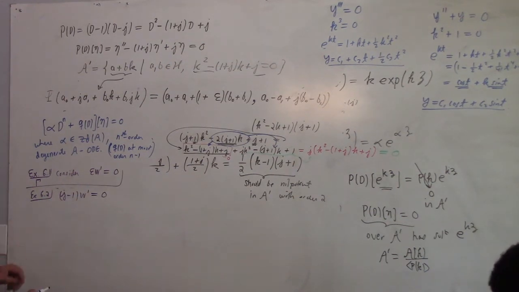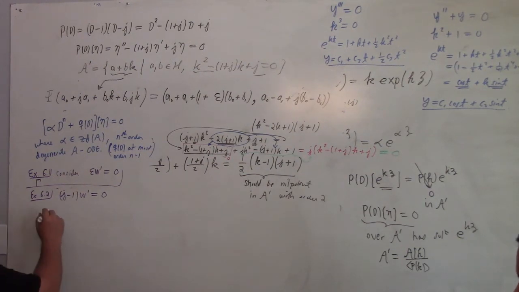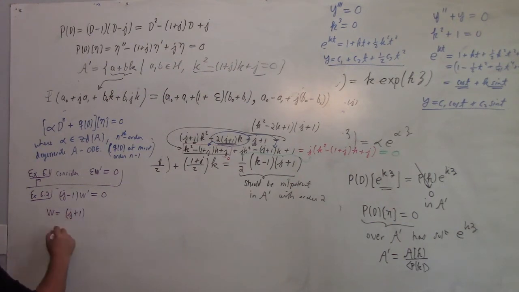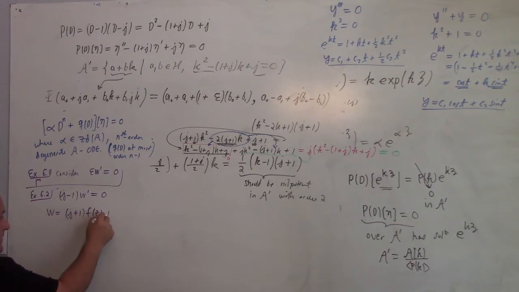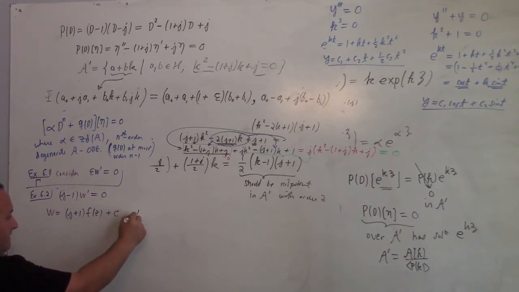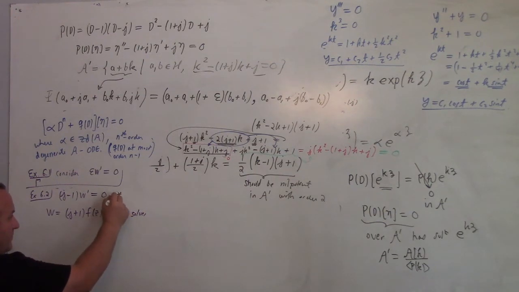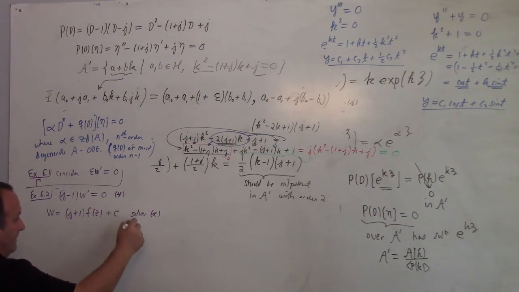Now that's degenerate, because the leading term is a zero divisor. And clearly w equal to j plus 1 times f of z, plus a constant, solves it, right?